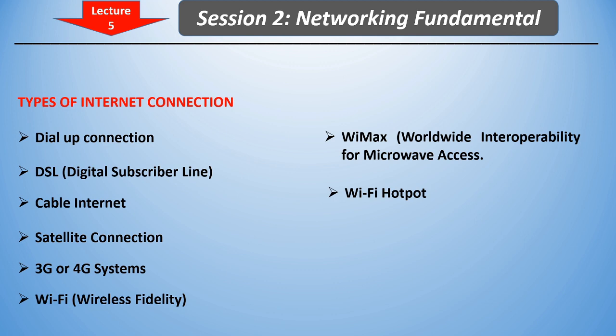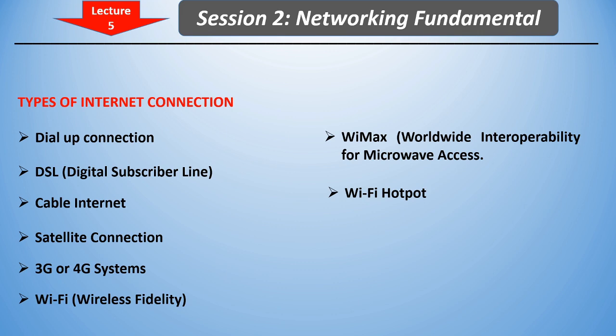Next is Wi-Fi hotspot. A Wi-Fi hotspot is a physical location from where Wi-Fi access to the internet is available. A hotspot could be public or private. Public hotspots are available at restaurants, hotels, railway stations, or airports.